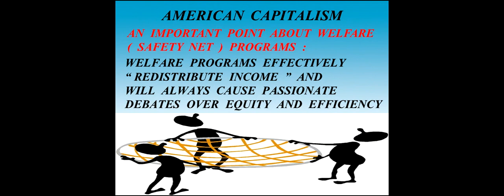The reason welfare programs are so controversial is that they effectively redistribute income in our society. And what I mean by redistribute income is through the tax system, income is taken from one individual and given to another through the government for the purpose of, as I mentioned earlier, possibly to make sure the individual does not slip below the poverty threshold.